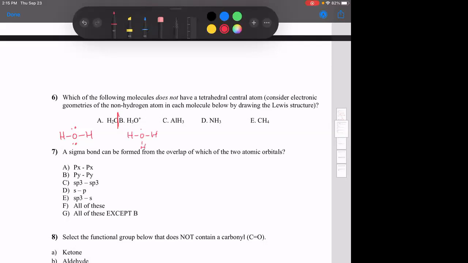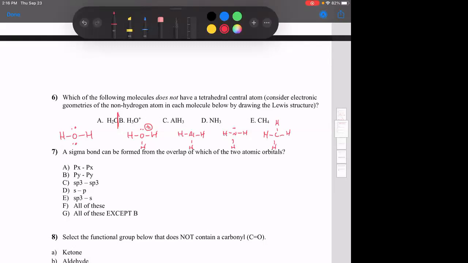So what we've done is we've added a proton to our oxygen. Aluminum is a group 13 atom, so they like to make 3 bonds, no lone pairs. Nitrogen is a group 15, 3 bonds and a lone pair. And carbon, of course, likes to make 4 bonds.